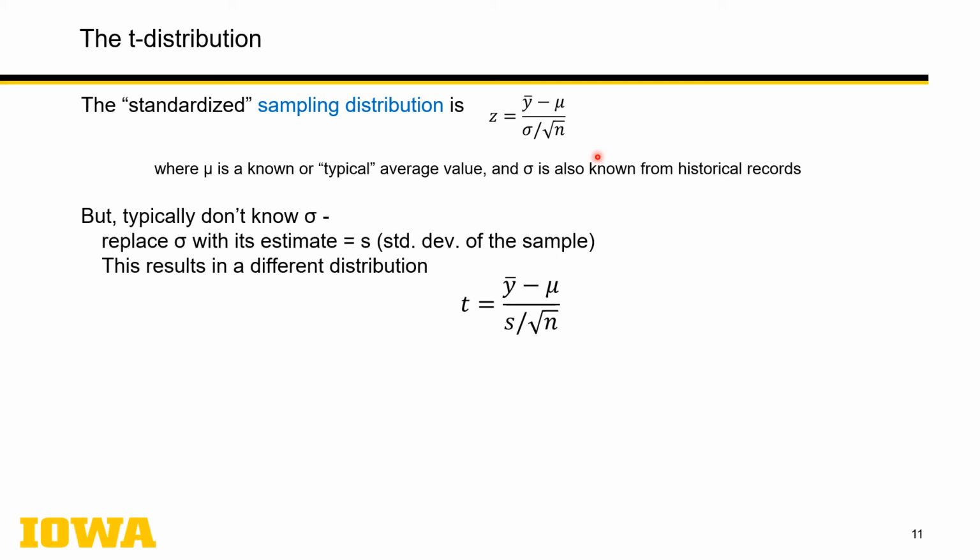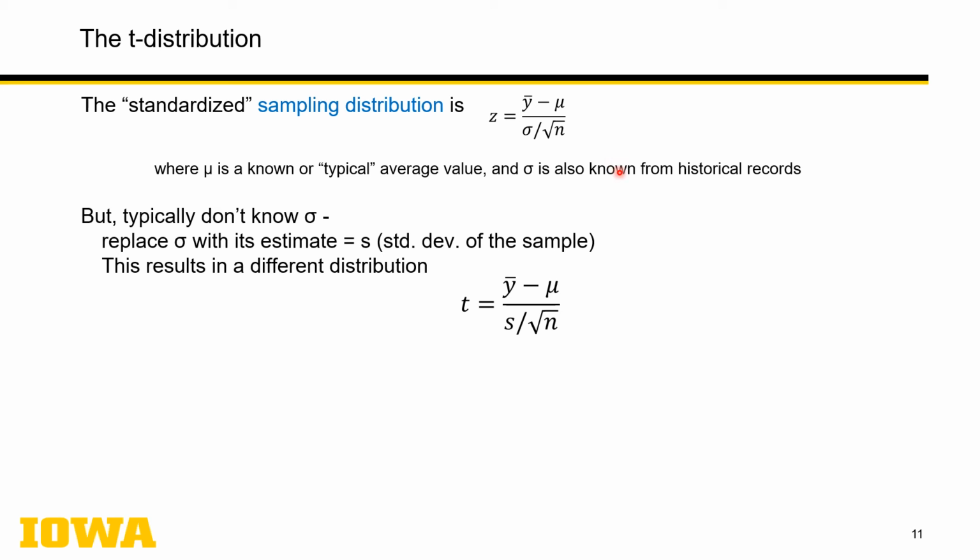Again, we would have to substitute in S for sigma when it is from a sample itself. We use sigma if we have a bunch of historical records and we know we've done this over and over and over again, have a really good idea of what the standard deviation truly is. And that's ultimately what you need to do when applying this formula here to create this z value.